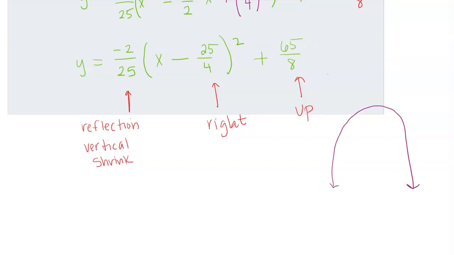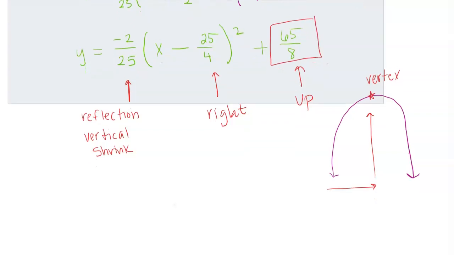When we move over to the right like this, and we move up a certain distance, that actually gets us to that maximum point or the vertex. We'll talk about this in the next video. So the maximum height is actually going to occur right here at 65/8.